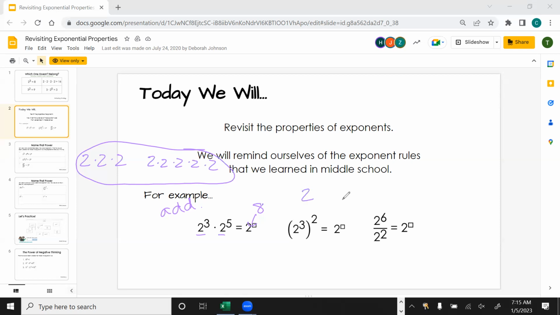If I have 3 2's, and I'm raising it to the 2nd power, when we raise something to the 2nd power, it's the same thing as taking that and multiplying it by itself, right? So let's multiply it by 3 more 2's. How many 2's do we have in total? 6. Okay, so what do we do with these exponents? Not add, multiply them, right?